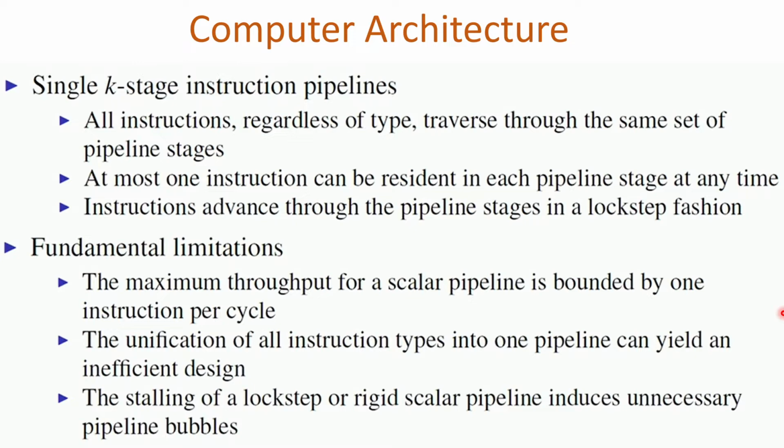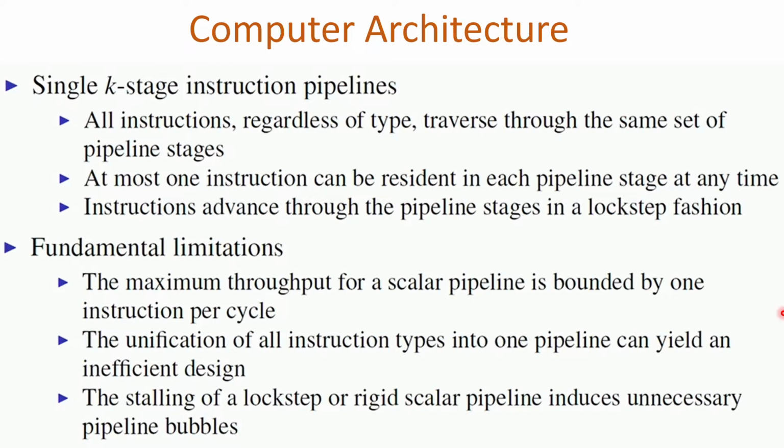Second point: the unification of all the instruction types into one pipeline can yield an inefficient design. There are different types of instructions present in a computer system. Some are branch instructions, some are floating point instructions, some are ALU instructions, some are memory reference instructions, and many more. Each instruction does not need all the stages of the pipeline for its execution.